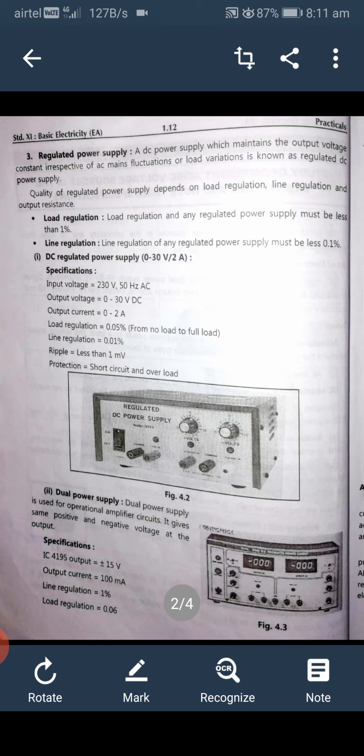Specification: input voltage 230 volt 50 Hz AC, output voltage 0 to 30 volt DC, output current 0 to 2 ampere, load regulation 0.05% from no load to full load, line regulation 0.01%, ripples less than 1 millivolt, protection short circuit and overload. The diagram of the regulated DC power supply is shown below.